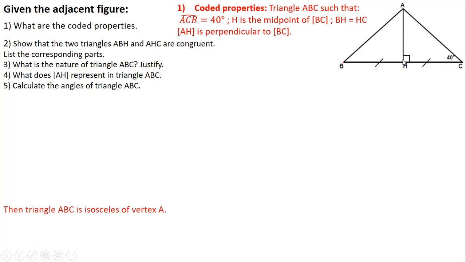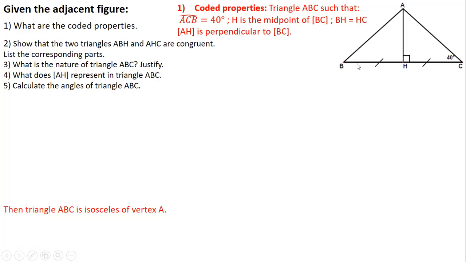What about AH? It is in the first triangle, Maya, and in the second triangle. So what do we call AH, Maya? So BH is equal to HC by given. AH is a common side.